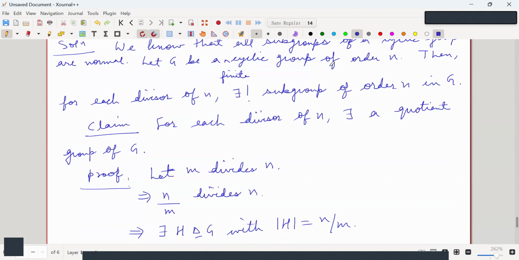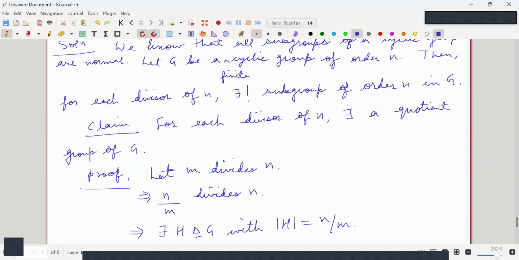The number of subgroups is the same as the number of normal subgroups, because each subgroup is normal, and that is the same as the number of quotient groups. Since the normal subgroups correspond only to the divisors of n and they are unique, we have also shown that the quotient groups correspond to the divisors of n. Thus, they have to be unique. If they are not unique, then there will be more quotient groups than normal subgroups of G, which is a contradiction.